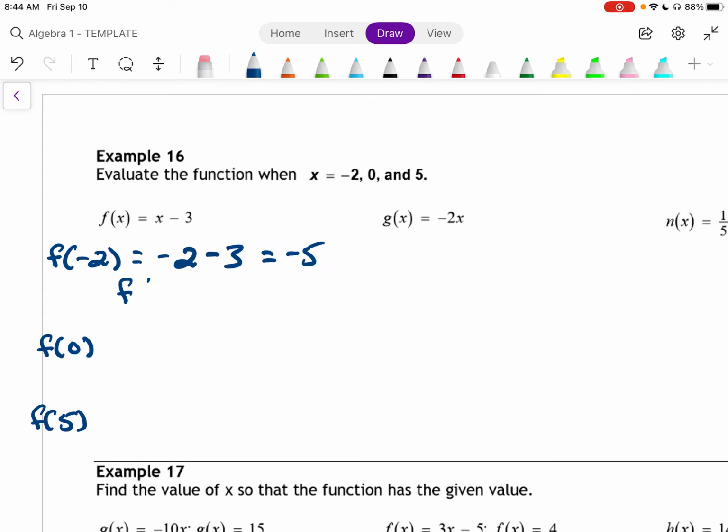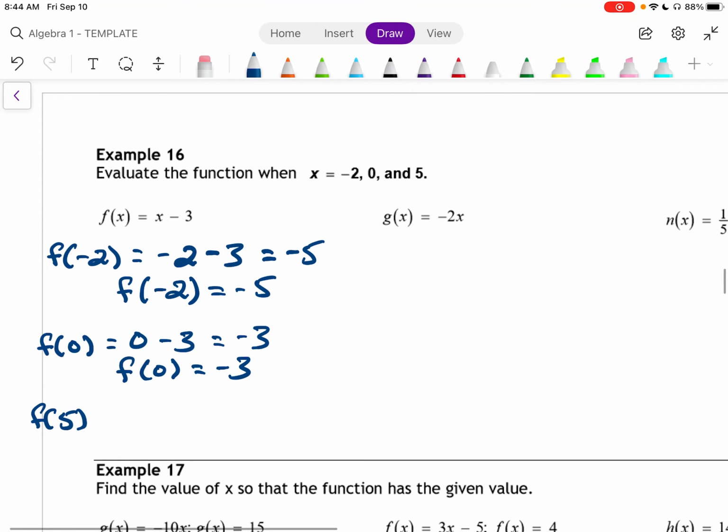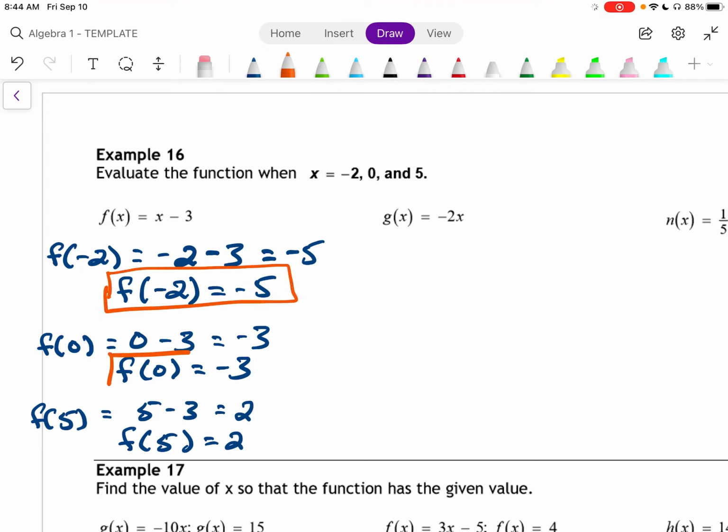So f of negative 2 is negative 5. For f of 0, 0 minus 3 is negative 3. So f of 0 is negative 3. For 5, I plug in and I have 5 minus 3 is 2. f of 5 is 2. So my answer here would be all 3 of these.